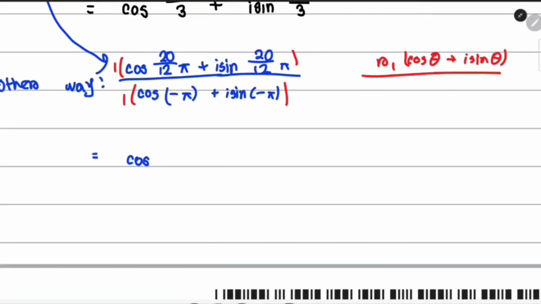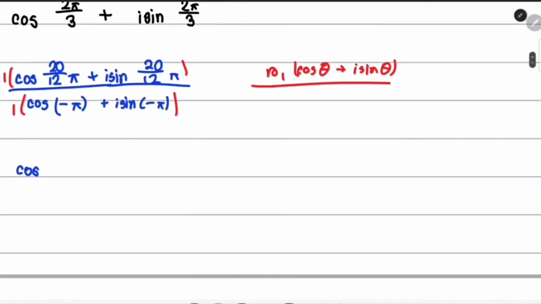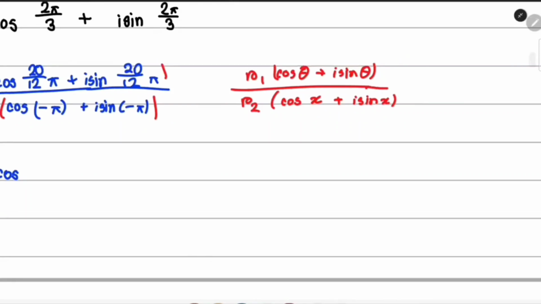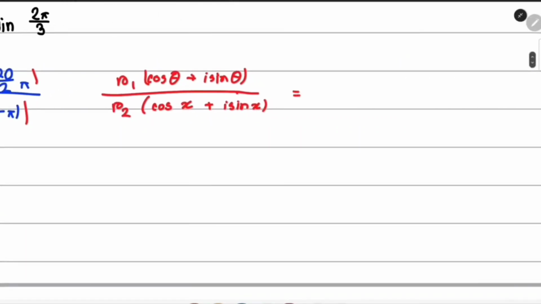I have r1 (cos theta plus i sine theta) divided by r2 (cos x plus i sine x), something else. If I do this, the result would be r1 by r2 times cos(theta minus x) plus i sine(theta minus x).